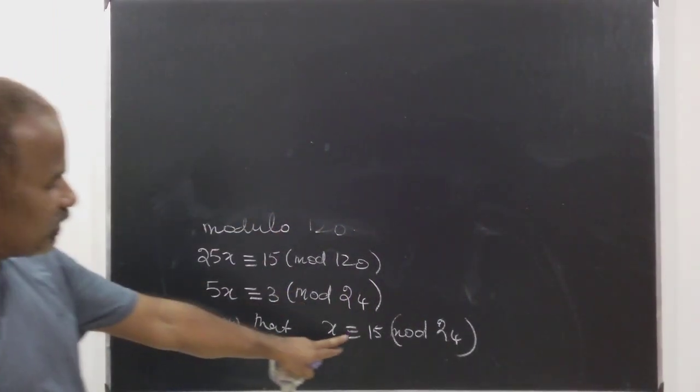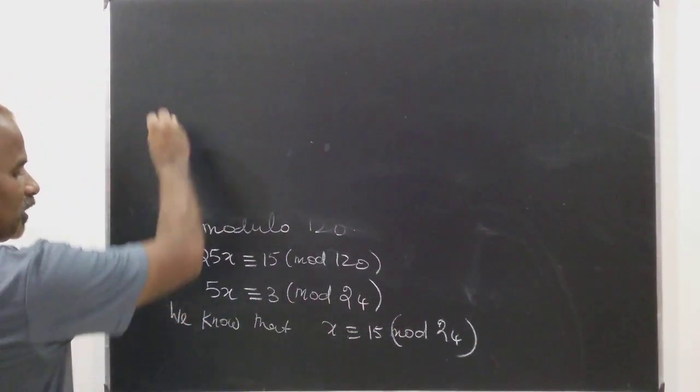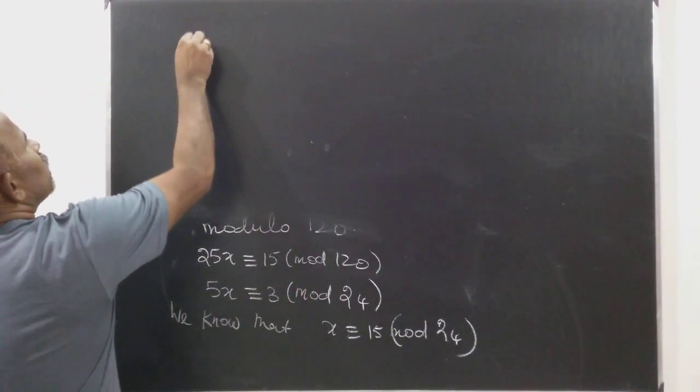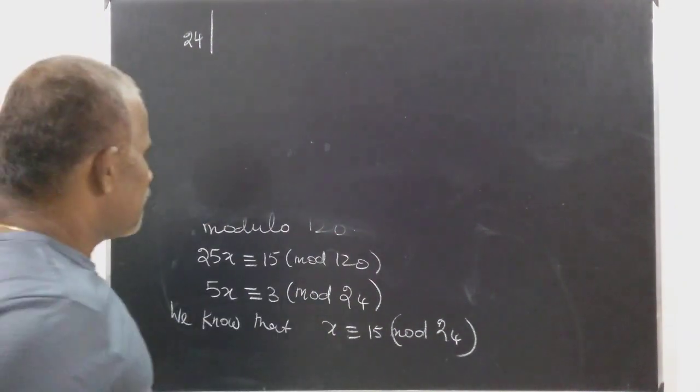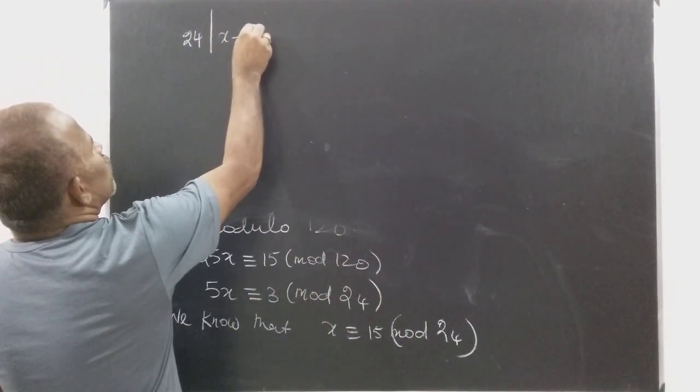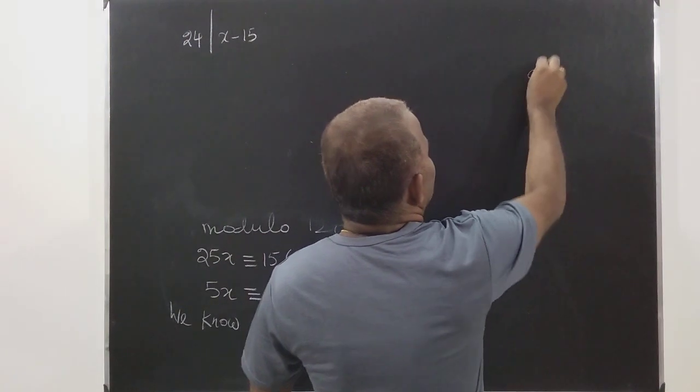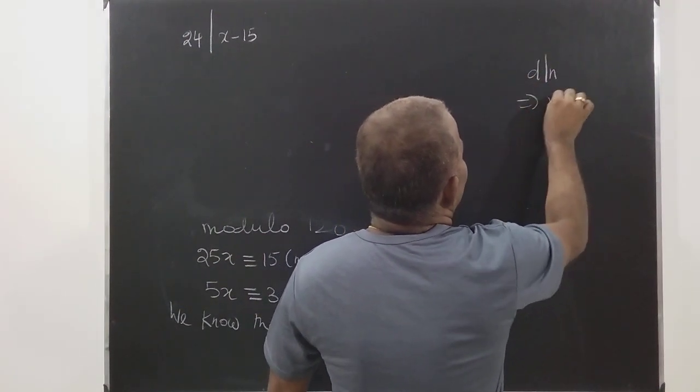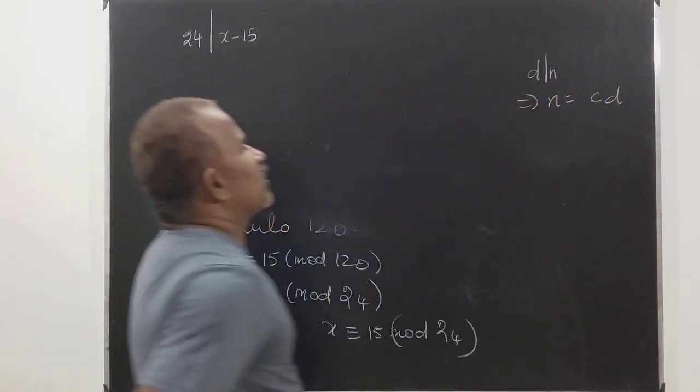We need 5 solutions. This means 24 divides x minus 15. If d divides n, then n is equal to some c times d.